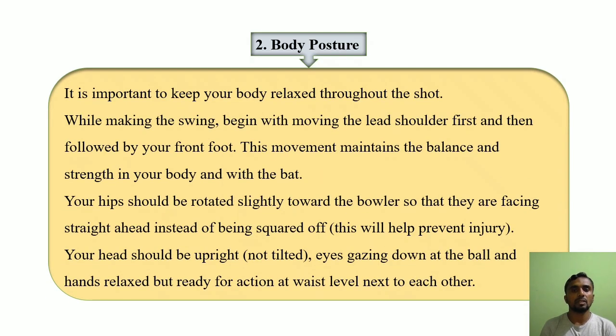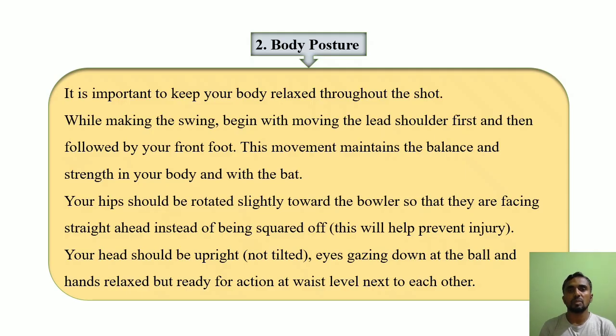That means body posture, body position, body condition or body alignment. It is important to keep your body relaxed throughout the shot, and while making the swing, begin by moving the lead shoulder first and then followed by your front foot.